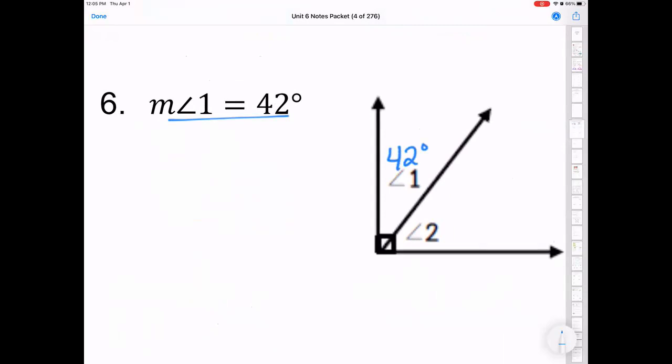Now looking at this shape and this angle, we see that it's that 90 degrees. It's that complementary. So we're going to take angle 1 plus angle 2 and set that equal to 90 degrees. Okay. If I took my angle 1 and I add my angle 2, I should get my total 90 degrees.